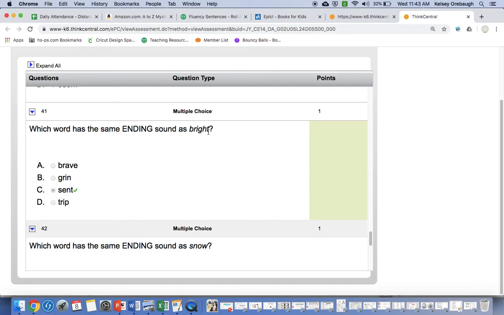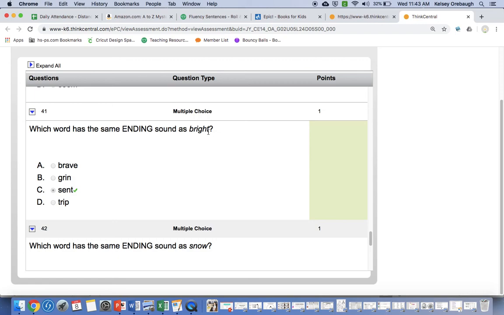That's not the same as bright. Then I see grin. Grin ends in N. Bright. Grin. Not the same ending sound.